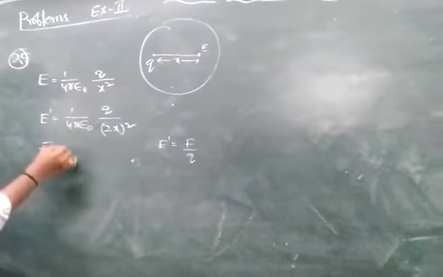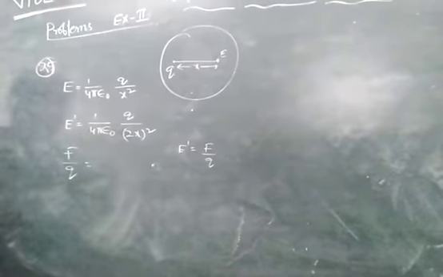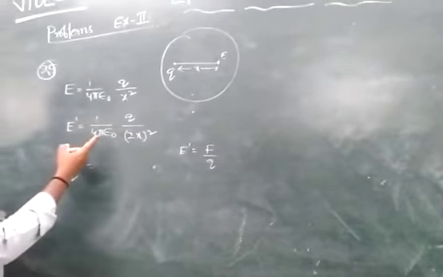Therefore F by q is equal to 1 by 4 pi epsilon naught into q divided by x square divided by 4, that is F by q is equal to E divided by 4. Therefore force is equal to E q divided by 4.